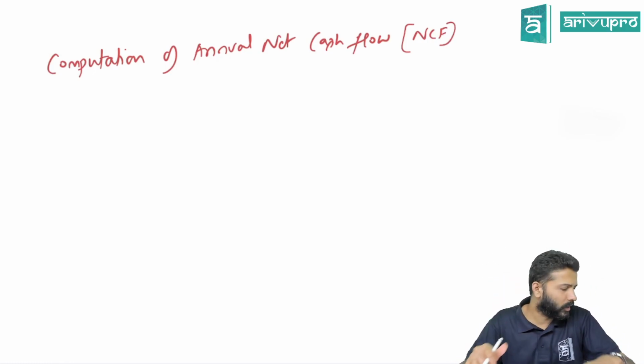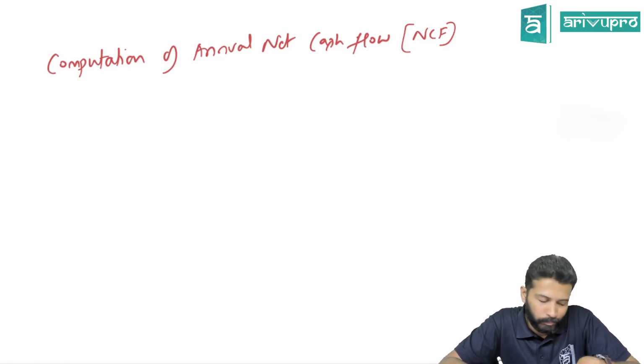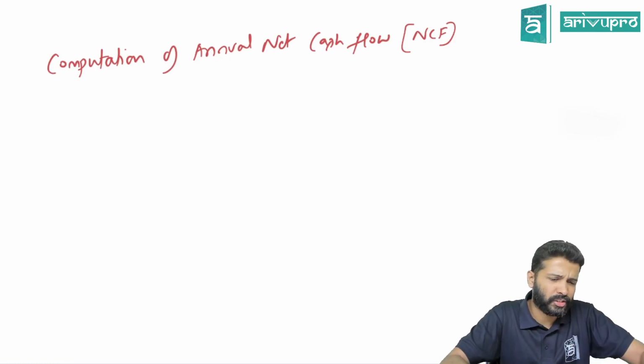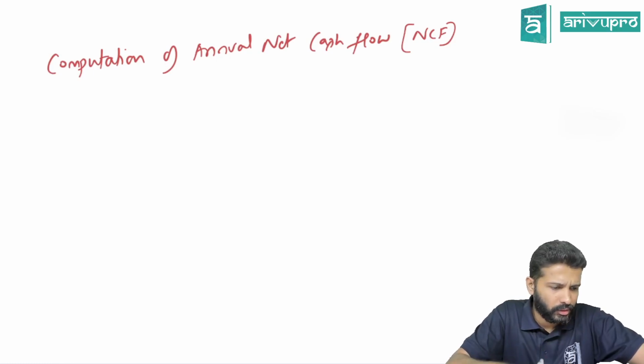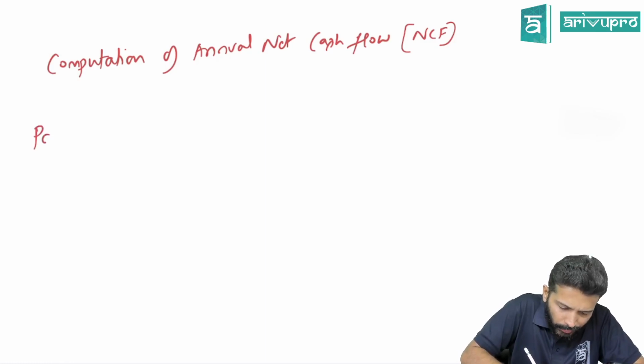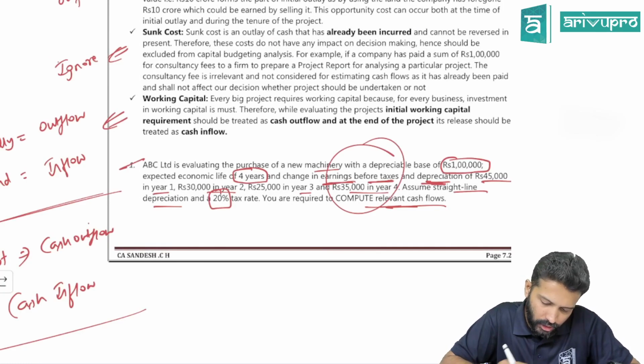Every year, if you compute that, it becomes your annual net cash flows. How many years' data have they given in this question? They have given 4 years' data, no? So let's do it parallelly. Particulars, year 1.